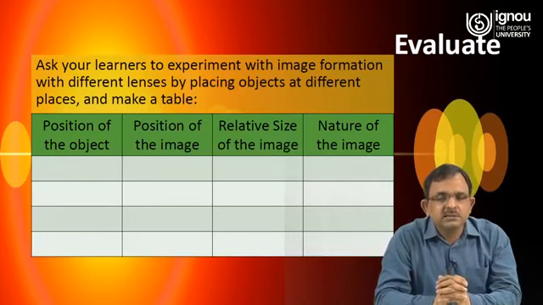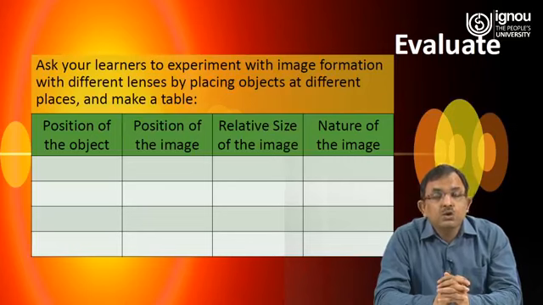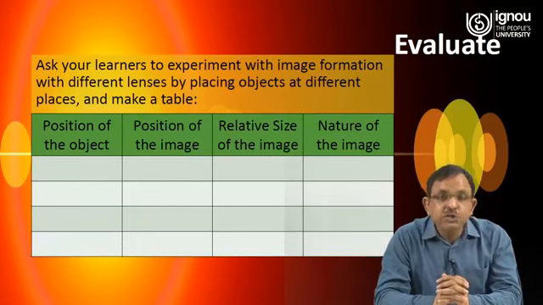So, my suggestion is that if in a class of secondary level you are going to introduce the concept of reflection and refraction, introduce it through different types of activities and give a lot of opportunity to your students to experience.